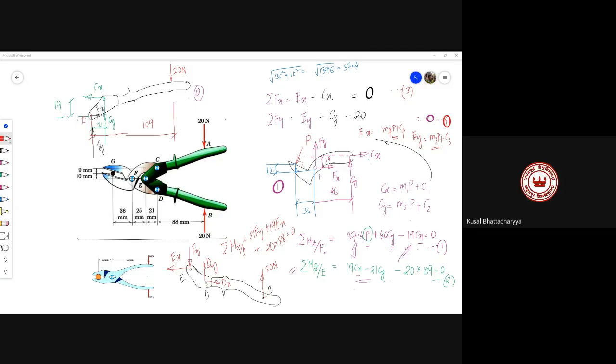Sir, I am getting 93.84 Newton. About 94 Newton then. Yes, sir.